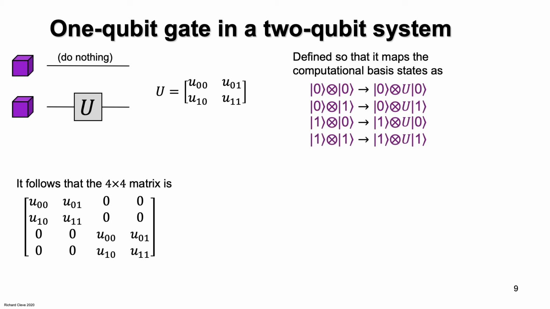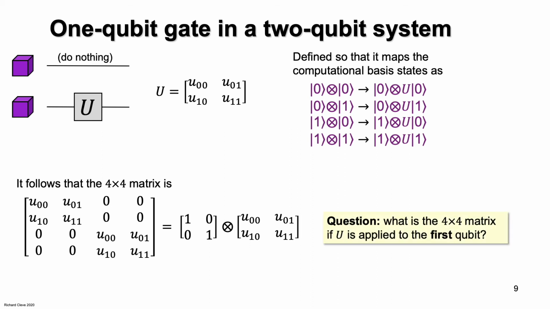Interestingly, this 4x4 matrix is the tensor product of the identity matrix I, the 2x2 identity matrix, with U. Here's a question to consider. What if we want to apply U to the first qubit and do nothing to the second qubit? By a similar approach, you can work out what the resulting 4x4 matrix is.